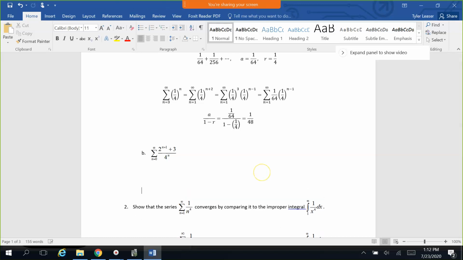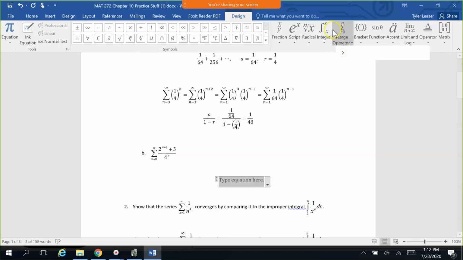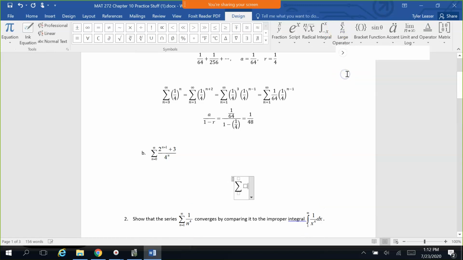This is the problem with working in Word, right? It's like you either get it one way or the other. Either you can actually read it, because my handwriting is so bad the other way, or you have to deal with me typing in stuff wrong.